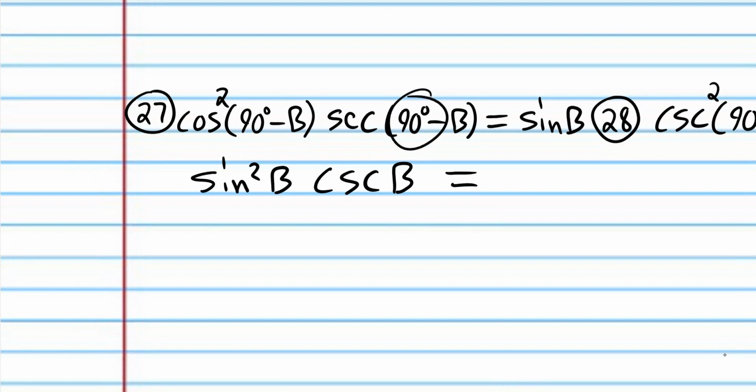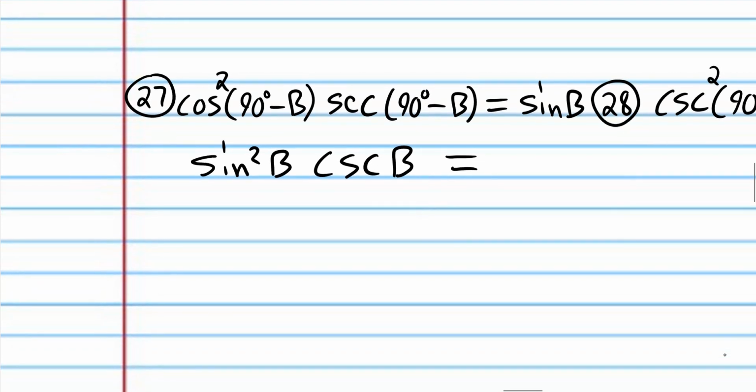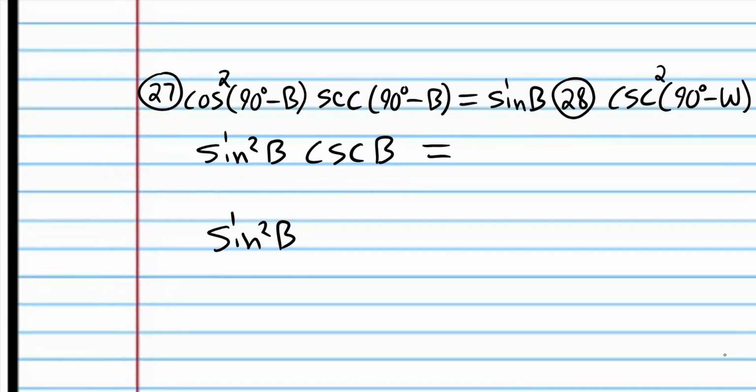Whenever you have a 90-degree measure inside your composite expression for the angle, you're going to change to a completely different function. But only when you have 90 degrees. When you have 180 or 360 in all these formulas, you're going to keep the same function.